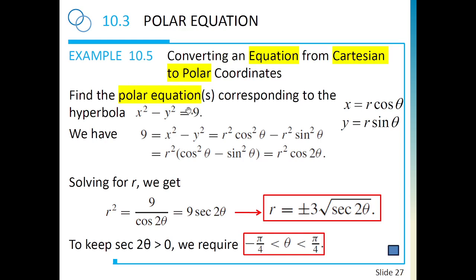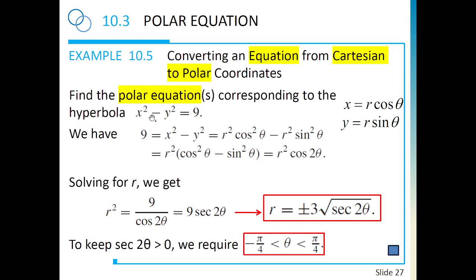So we want an expression with r equal to some expression of theta. How do we do that? Well, we only have 4 equations. X is equal to r cos theta, y is equal to r sine theta, x squared plus y squared is r squared, and tan theta is y over x. That's all we have. So with that we can play.